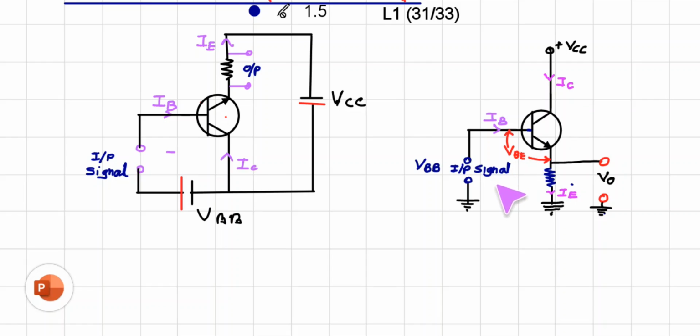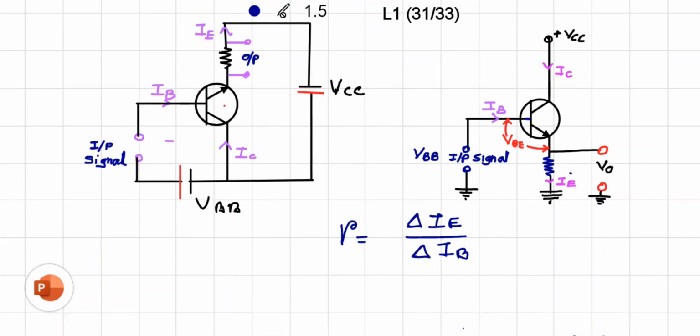The common collector is used where a high impedance input source needs to be connected to a low output load requiring high current gain. In this case the current gain is given by gamma equals change in emitter current, delta IE, divided by change in input current, delta IB.